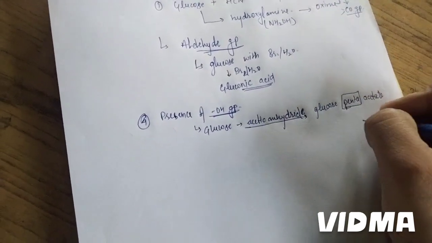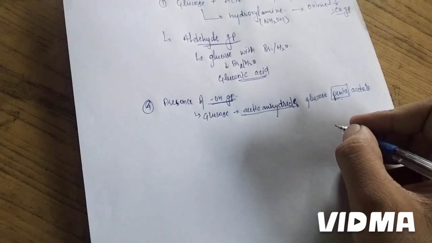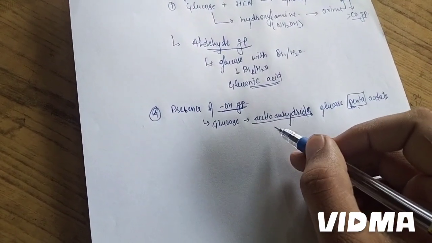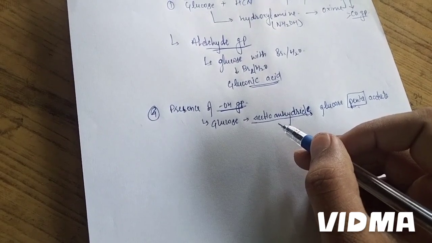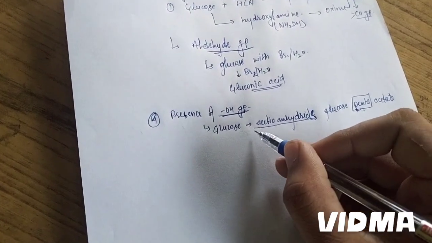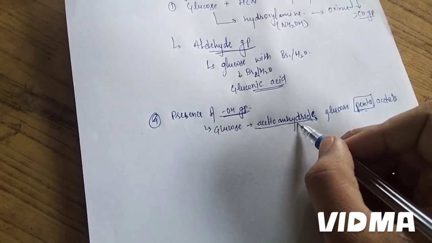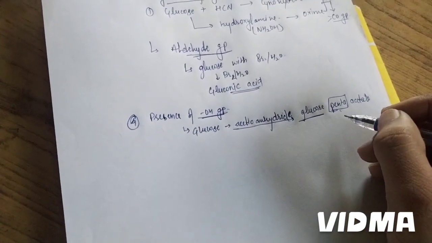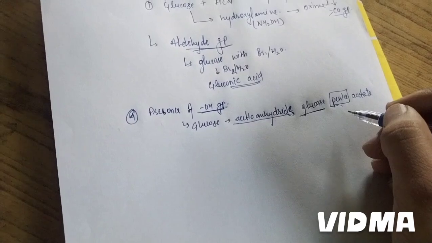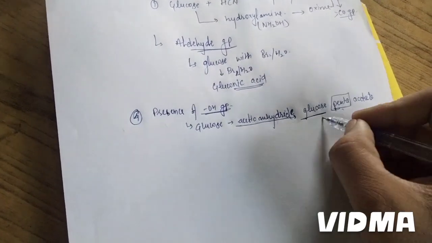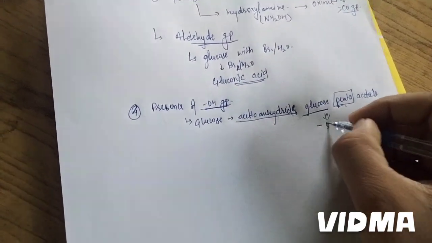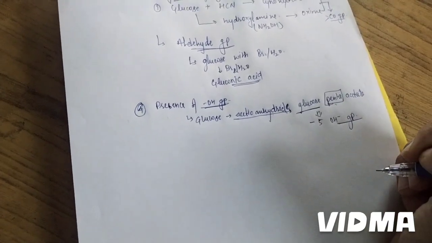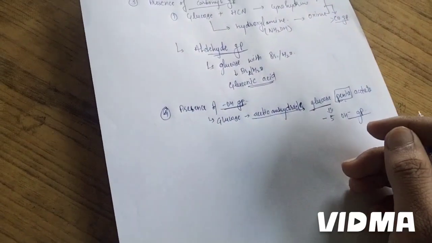Due to the penta, we can say that glucose reacts with acetic anhydride and gives glucose pentaacetate. That means that there is a presence of 5 OH groups in the structure of glucose.